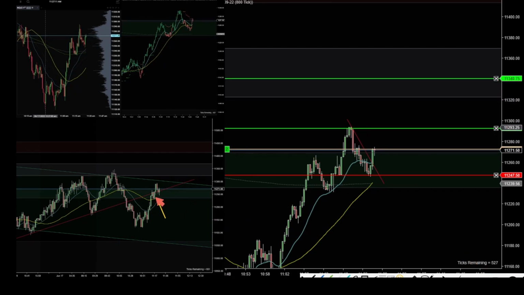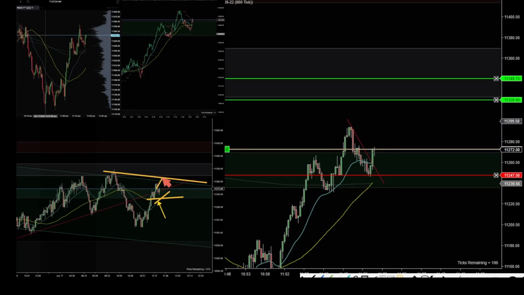And we have the moving averages right around here. It can be a bounce area, and we still have some room from the top if the price is going to test and then continue down.